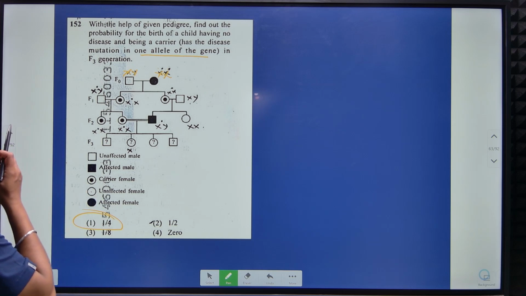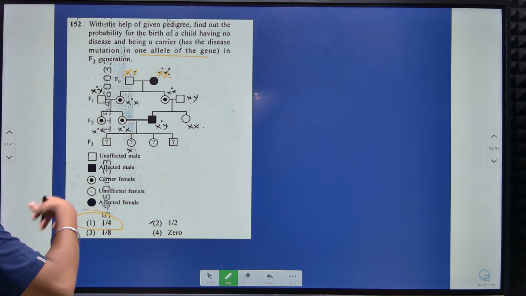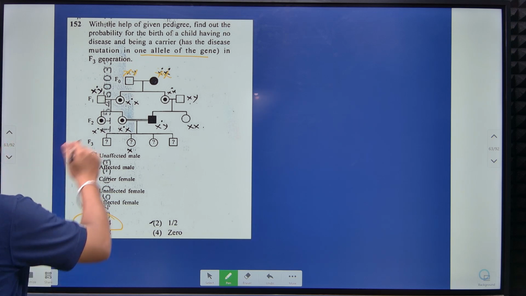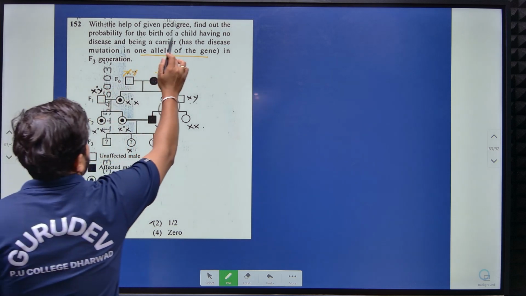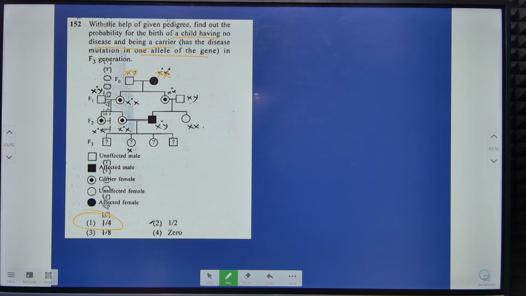Based on the pedigree chart we have to see how the gene is passing, whether it is passing or skipping a generation, and then answer. So 1/4 of the children are going to suffer from the disease, or rather the possibility of a child having no disease and being a carrier. So here the option is 1/4.